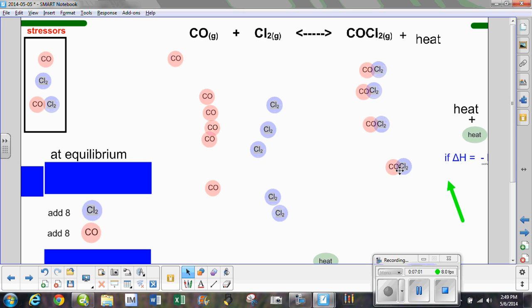So what happens when I put them together? I'm taking the heat and I'm changing it to bond energy. And so right here is where the energy is stored, and that took heat out of the environment. So when you feel the beaker and you have an endothermic reaction going on, it's going to get cold.